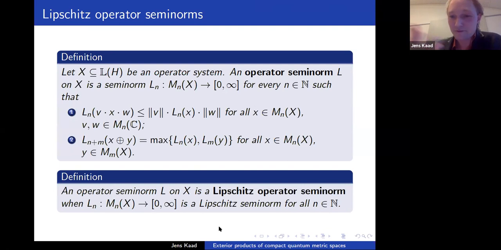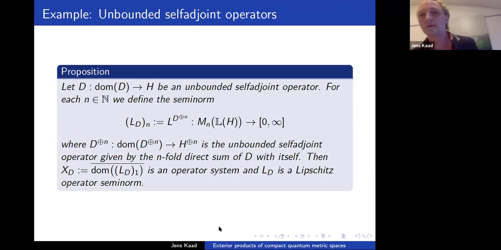Okay, examples of Lipschitz operator seminorms. Let's see, where are they? Going back. So again, if I have an unbounded self-adjoint operator D acting on my Hilbert space, I can now define a seminorm in each degree. So on n-by-n matrices with entries that are bounded operators on H. How do I do that?